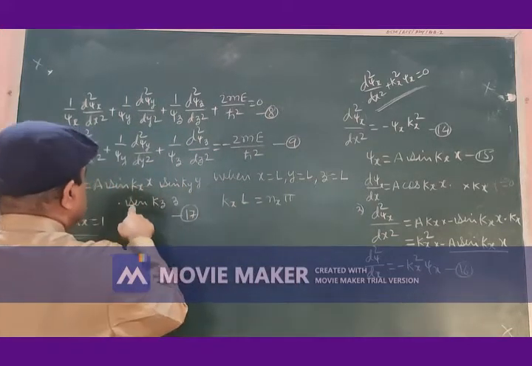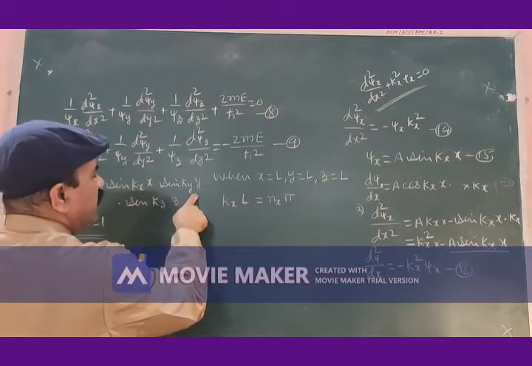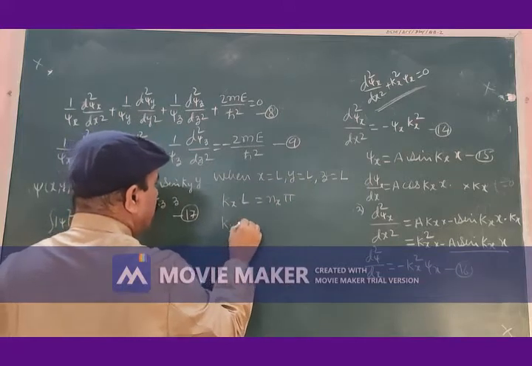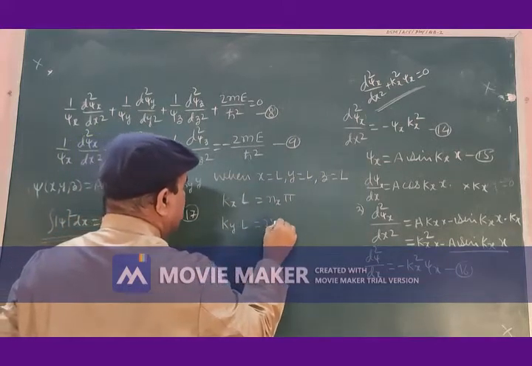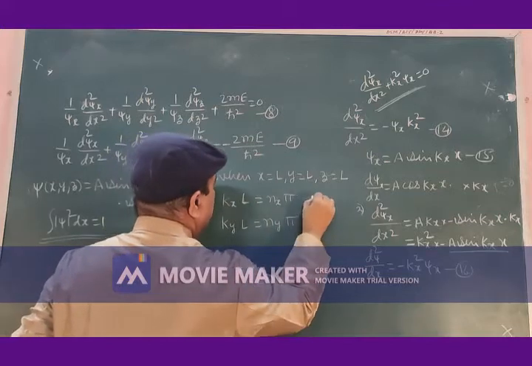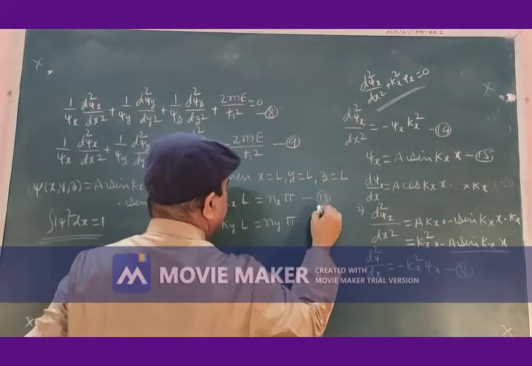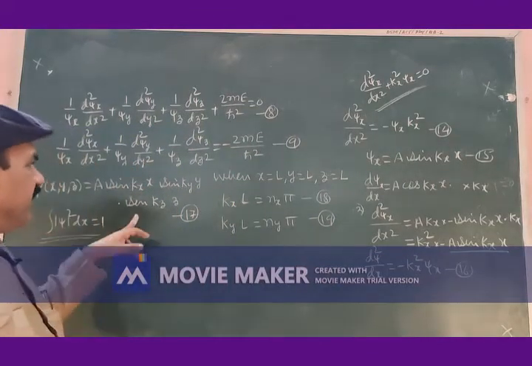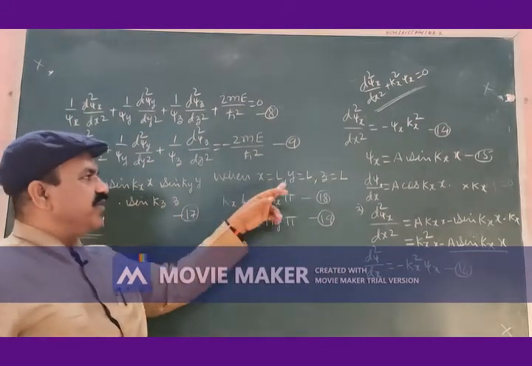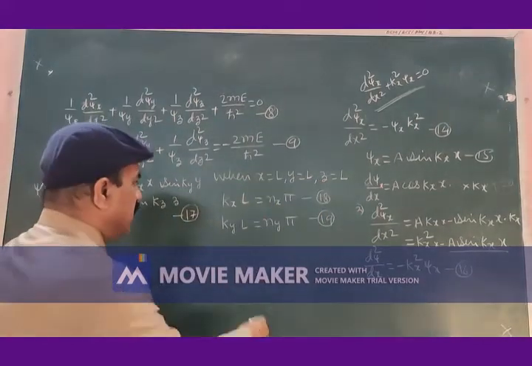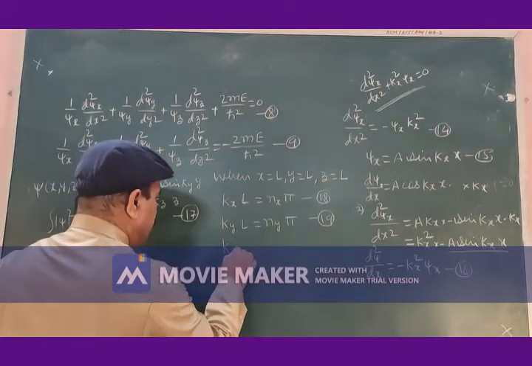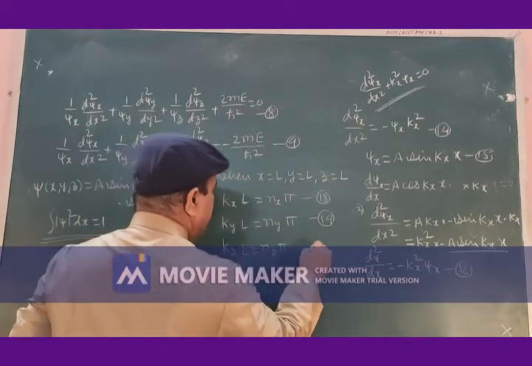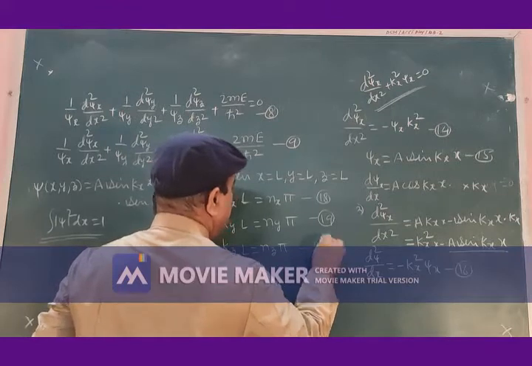Similarly, sin ky y will be equal to 0 when y is equal to L if ky L is equal to ny pi. Equation number 18, equation number 19. Similarly, sin kz into z will be 0 when z is equal to L if kz into L is equal to nz pi. Equation number 20.